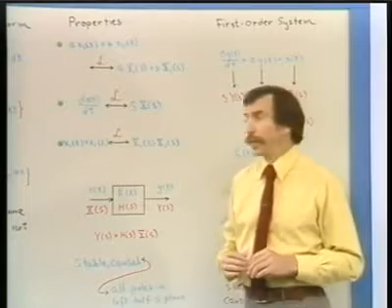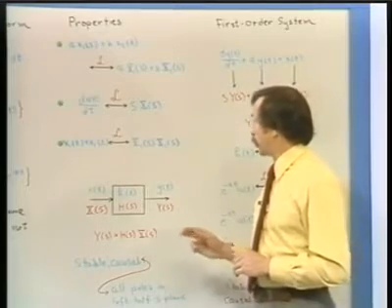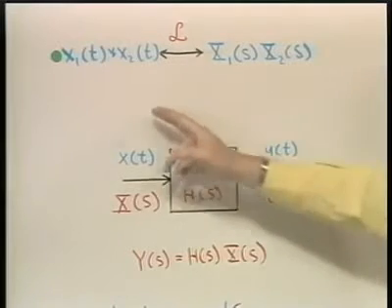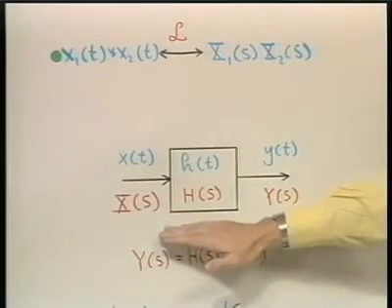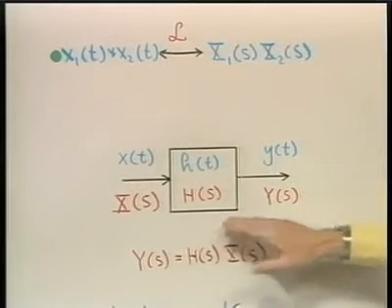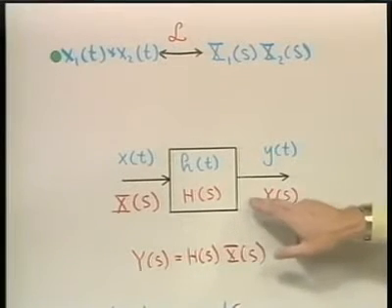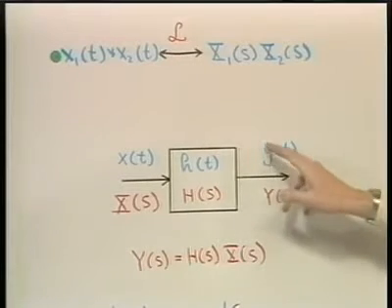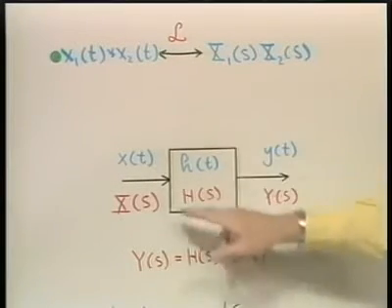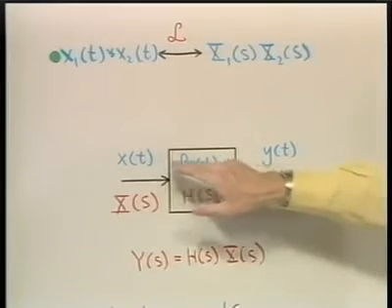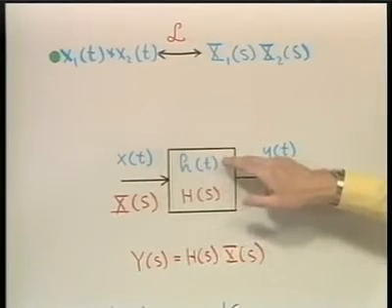Now, the convolution property leads to, of course, a very important and useful mechanism for dealing with linear time invariant systems, very much as the Fourier transform did. In particular, the convolution property tells us that if we have a linear time invariant system, the output in the time domain, of course, is the convolution of the input and the impulse response.